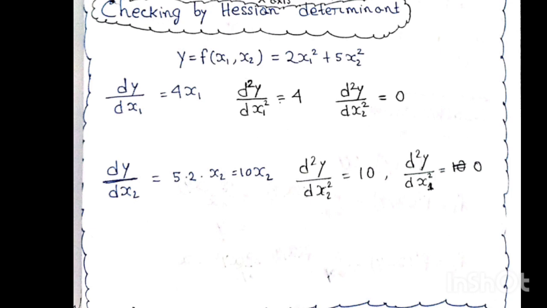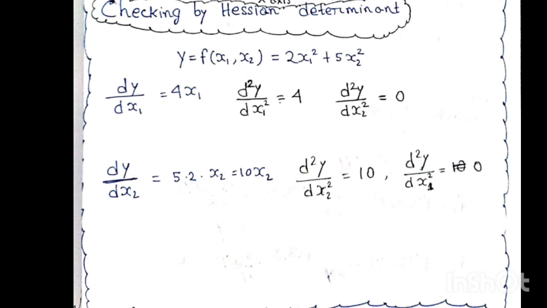Now, here y is given as a function of x1 and x2, that is equal to 2x1 square plus 5x2 square. At first we will find the first order derivative of y with respect to x1, that will be equal to 4x1, and the second order derivative of y with respect to x1 will be equal to 4.